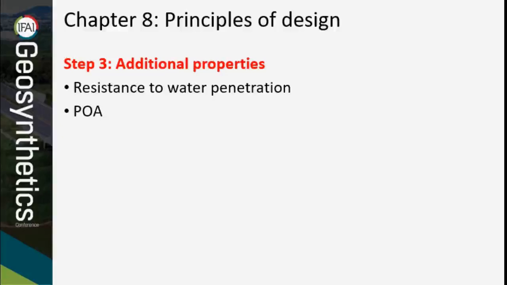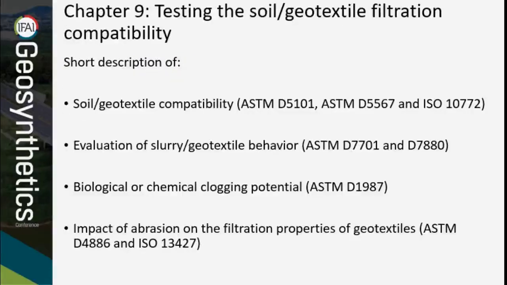It also defines additional properties which are relevant for geotextile filtration, which are the resistance to water penetration and the POA, percent open area, for woven fabrics. As indicated, we also define situations where testing is recommended. For that purpose, chapter 9 indicates recommended tests to evaluate the performance of a geotextile with a given soil.